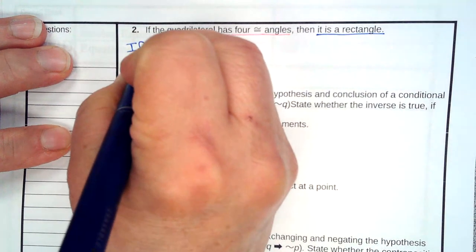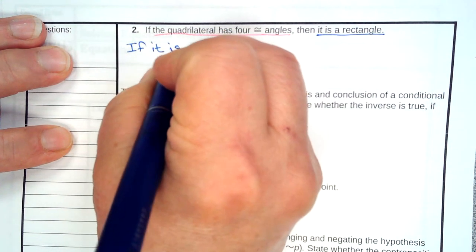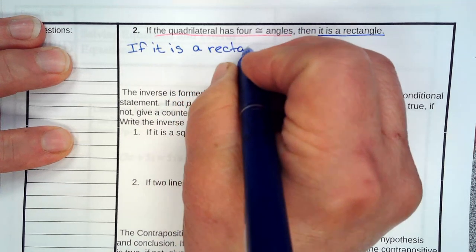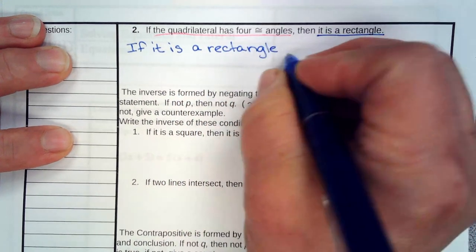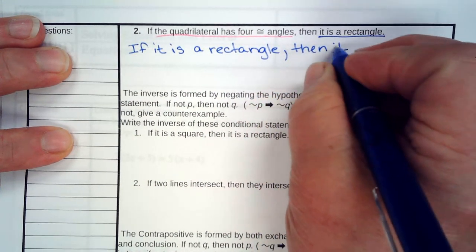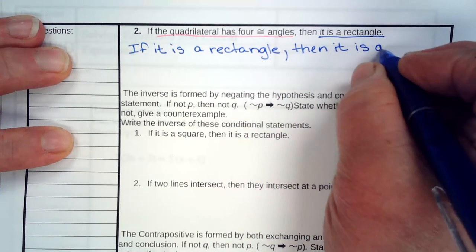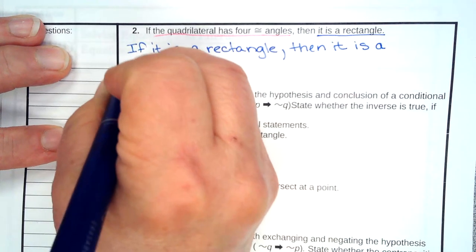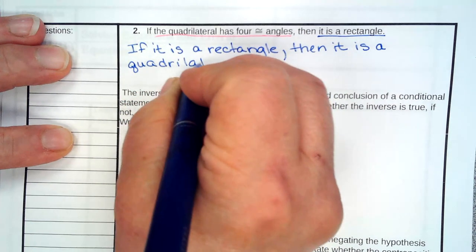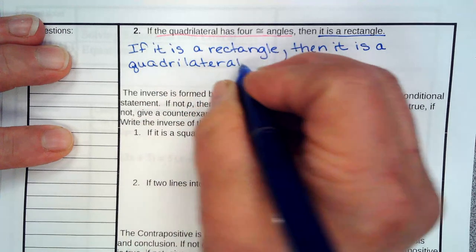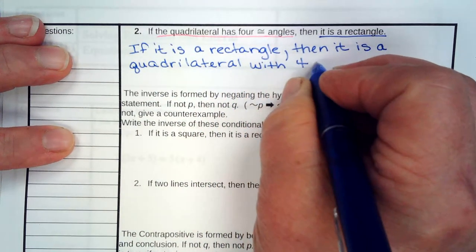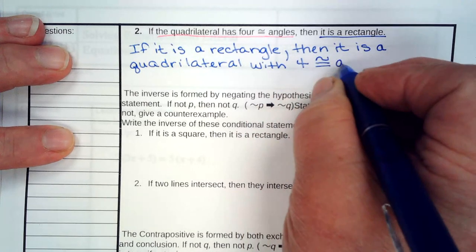If it is a rectangle, then it is a quadrilateral with 4 congruent angles.